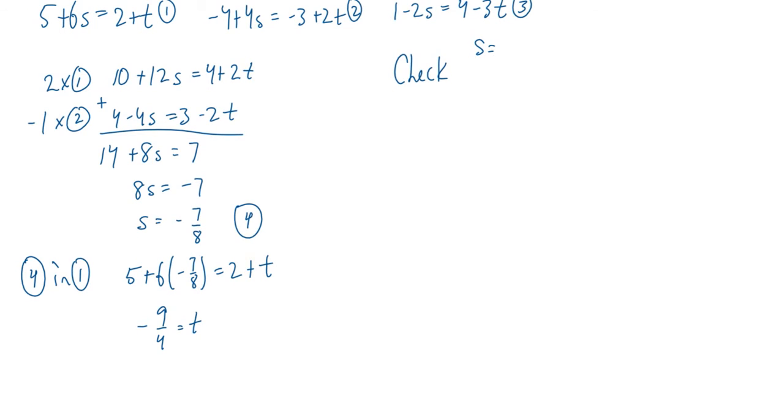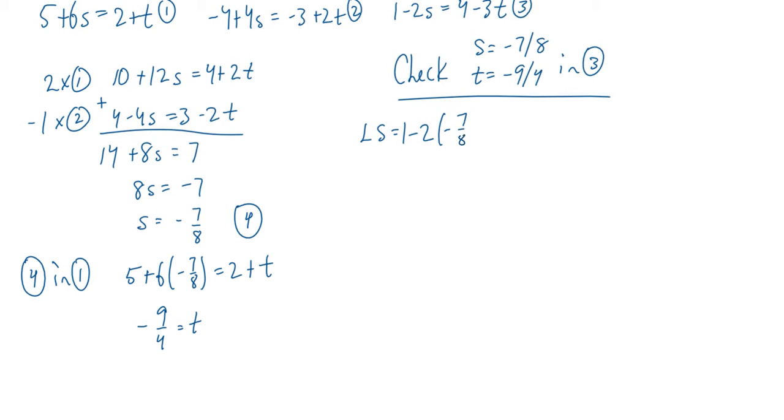Okay, and then what I do is I check s equal negative 7 over 8 and t equal negative 9 over 4 in equation 3. So I leave equation 3 alone until the very end, and then I just do a left side, right side check. Minus 3 times t, which is negative 9 over 4.